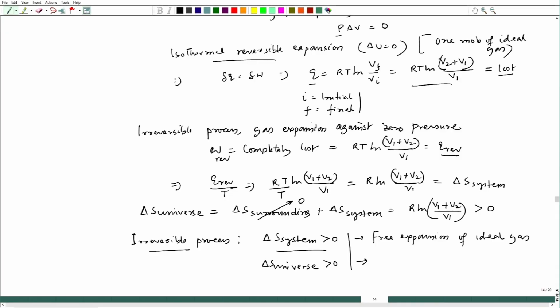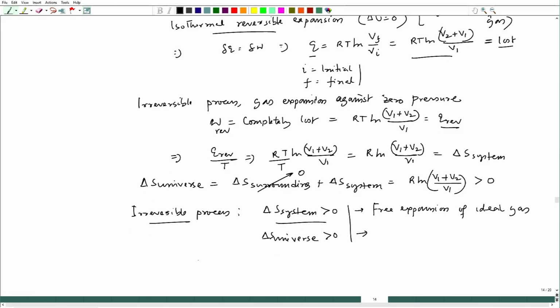So, I can say the definition of entropy could be decided by Q reversible by T, or in differential mode, del S equal to del Q reversible by T. So, this is one important definition we can get.